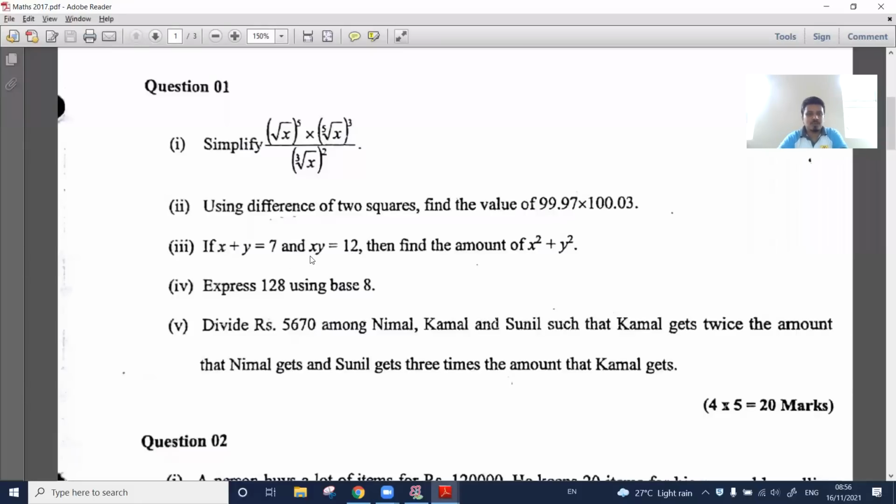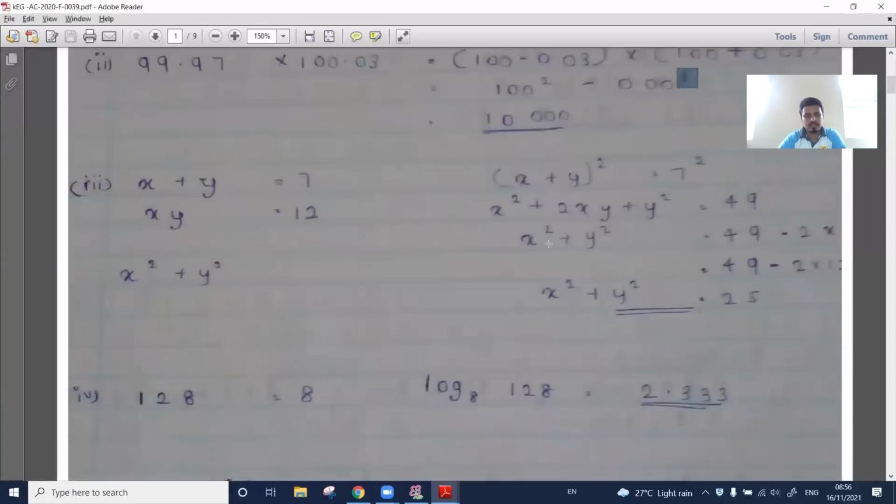By using these two, we need to find the value of x squared plus y squared. Very good, so this should be the approach.